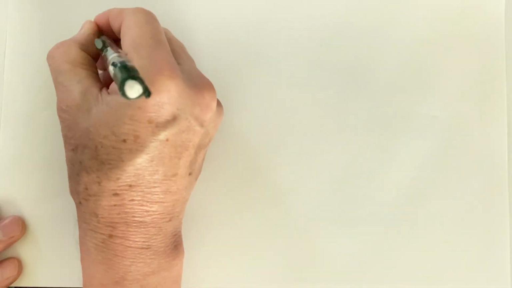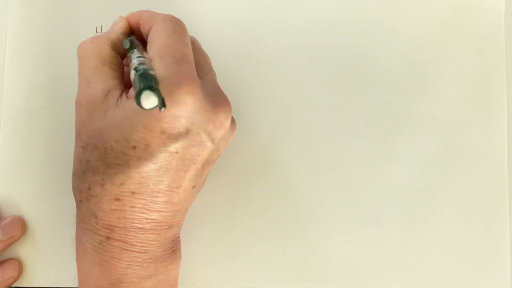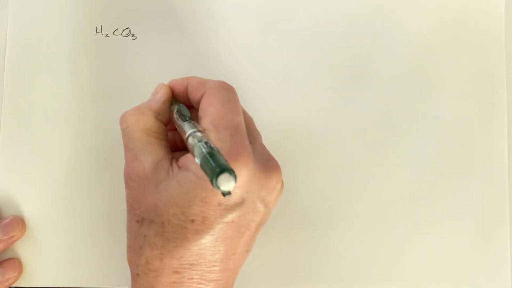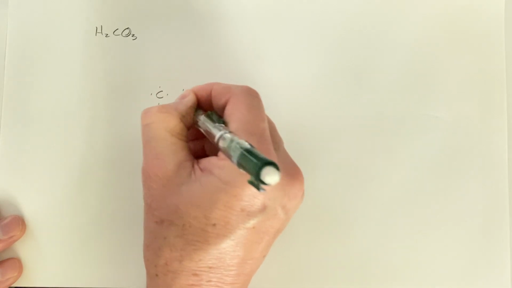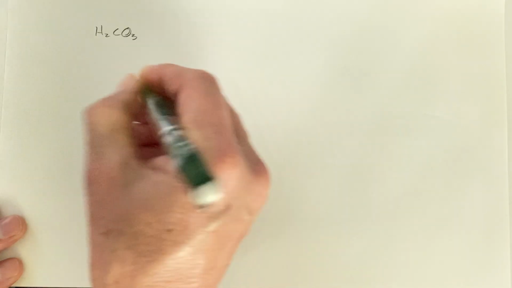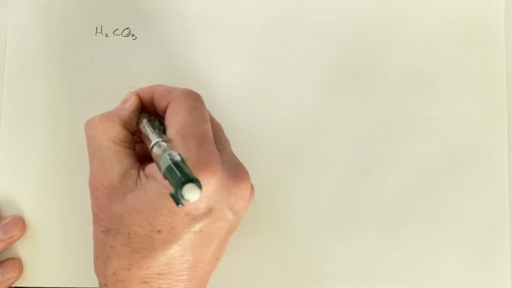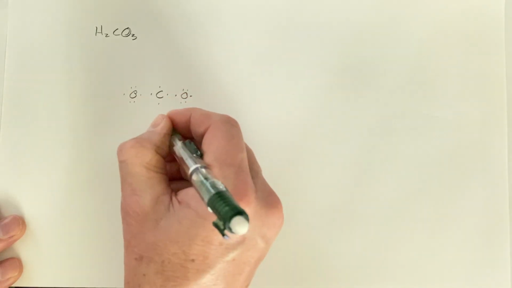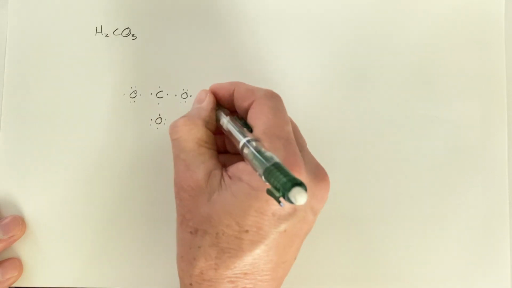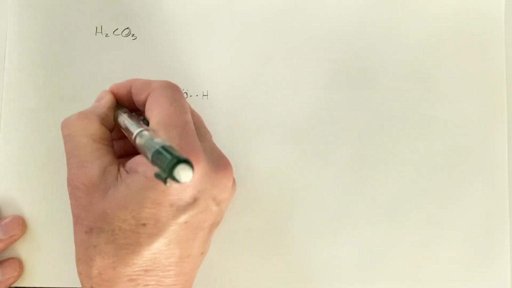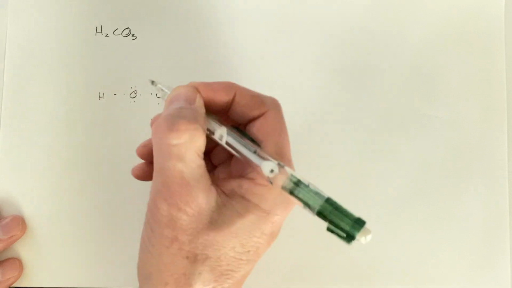Let's start off with an example we've seen before, carbonic acid. We'll place the carbon atom in the middle. We'll bring in an oxygen atom, an oxygen atom, and another oxygen atom. We'll bring in a hydrogen atom and another hydrogen atom.